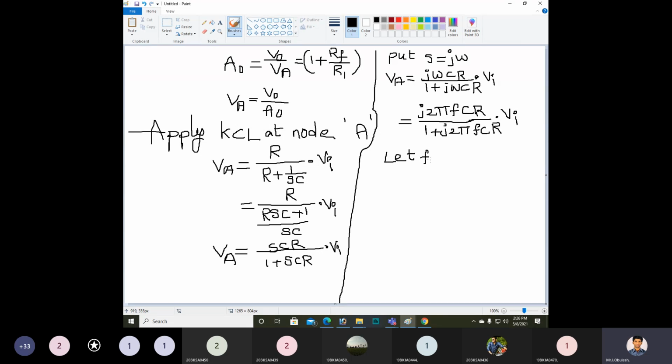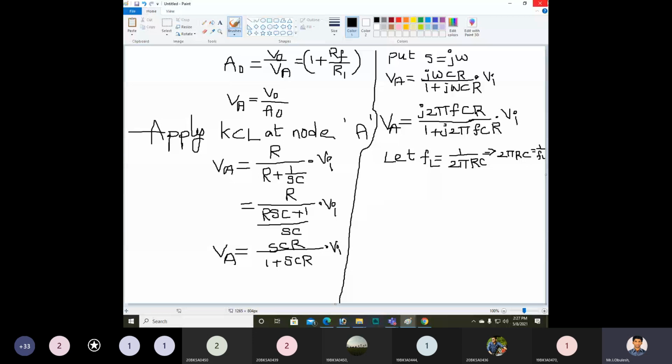So 2 pi RC is equal to 1 by FL. Then you need to substitute that in the above equation for VA.